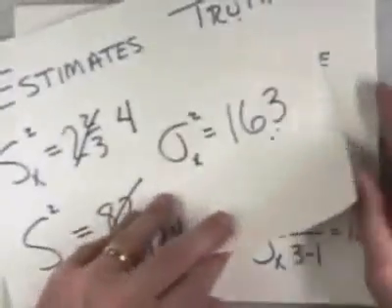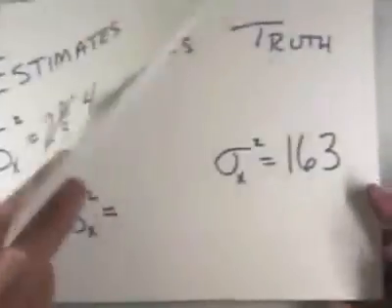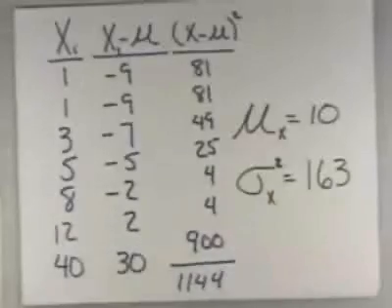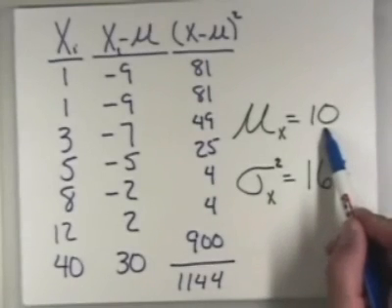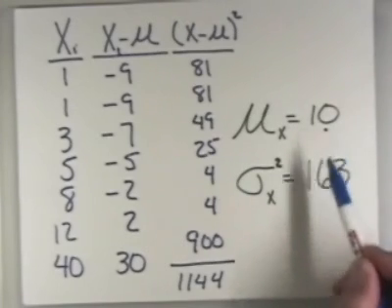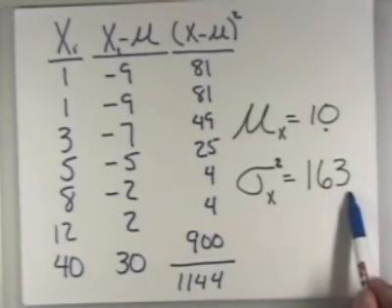So if we look at this problem, though, and we come back, and let's say you're going into your boss and we're looking at the cost of service. And you say to your boss, the average cost is $10. And the boss says, well, how much variability is there from the average? And you say, well, the average variability is 163.